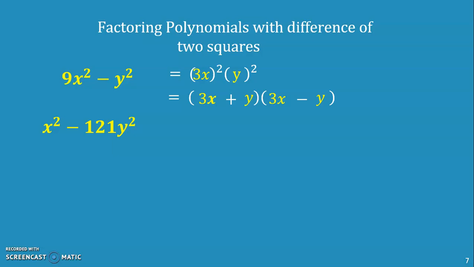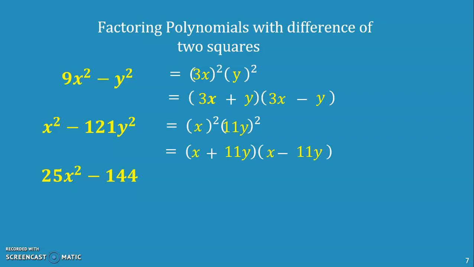So, meaning, our second term is 11y. So, first term natin x, second term is 11y. Then, we'll just copy the first and the second term, x, 11y, plus and minus sign. Sum and difference.